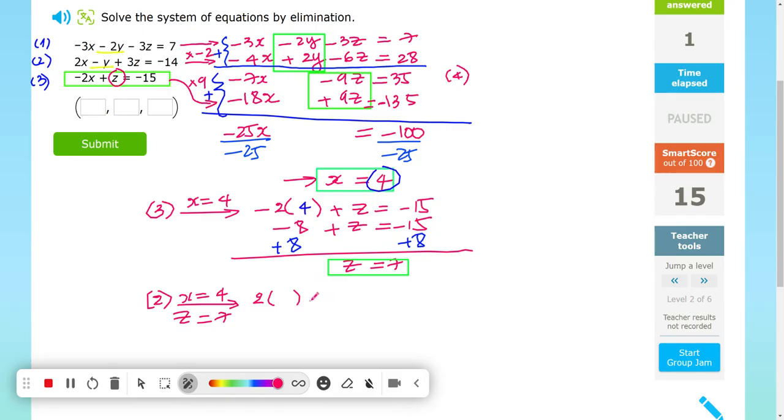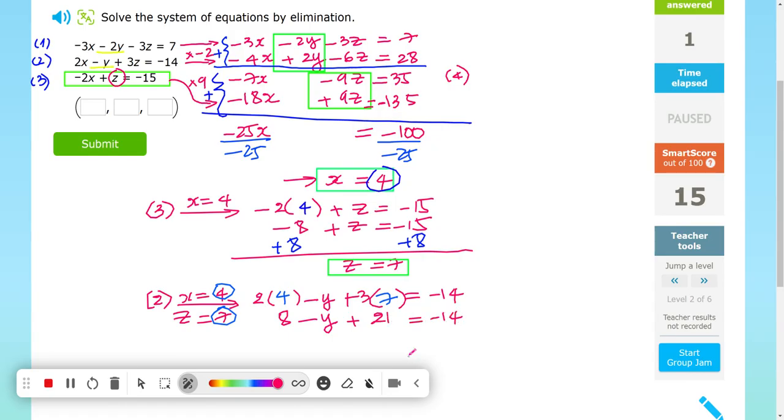Equation number 2 is 2x subtract y plus 3z equals negative 14. Now substitute x equals 4 and z equals 7. So I come out subtract y plus 21 equals negative 14.